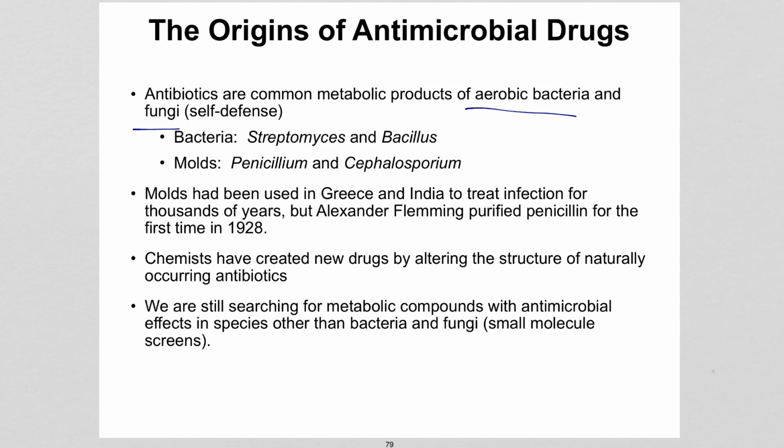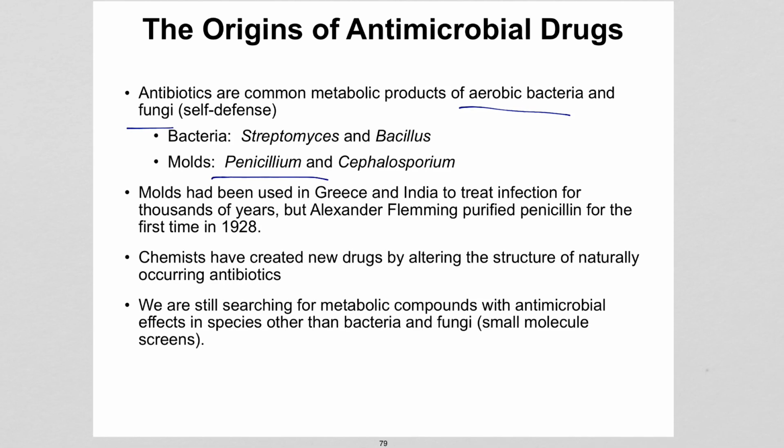Okay? And the best example of this, the one that almost everyone has heard of, is molds that produce what we call penicillin. The purpose of the mold producing penicillin is it gave them a selective advantage by killing off bacteria that are competing for the same nutrients that the mold is. Okay. And the reason this is important is what it shows you: developing a brand new antibiotic is incredibly difficult.